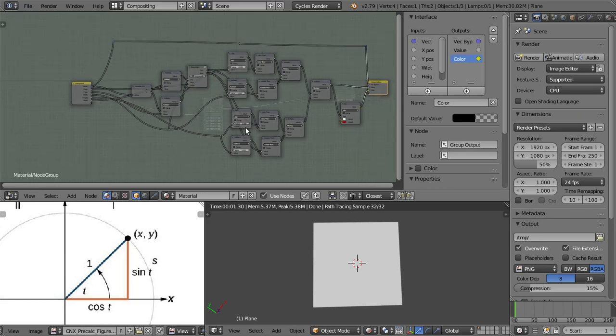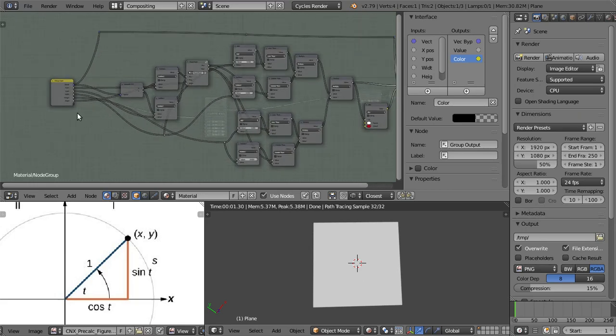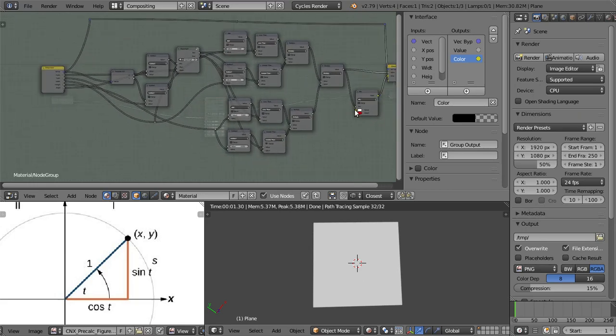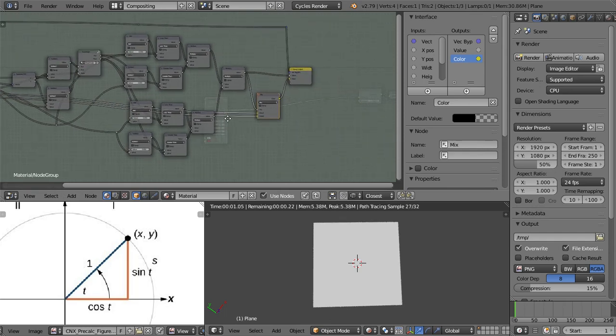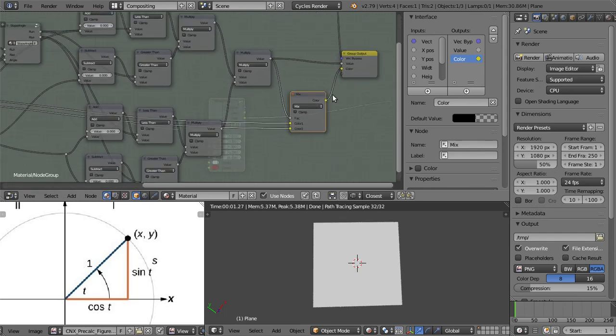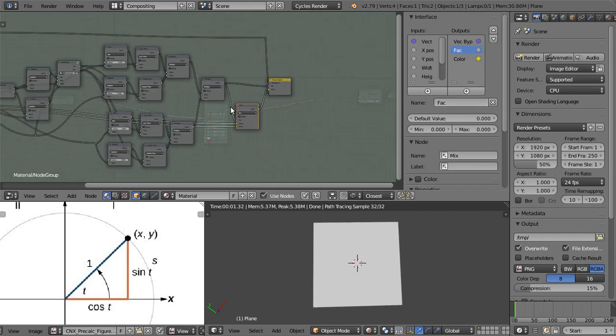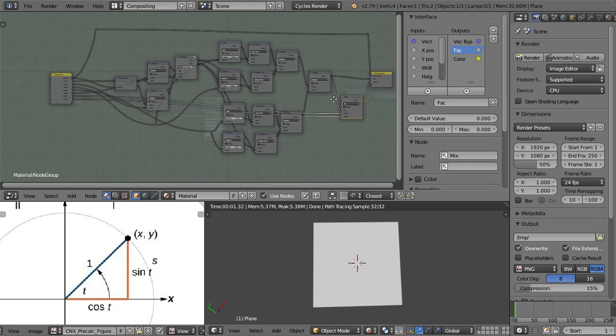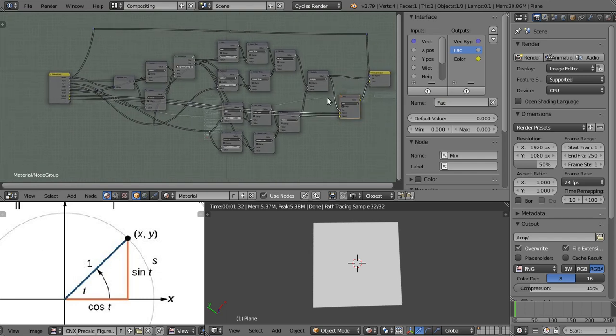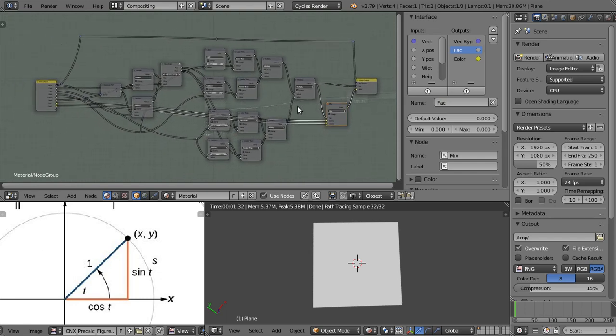And we want two colors. So, I believe this is it. This is the new node group for a square that can do angles.